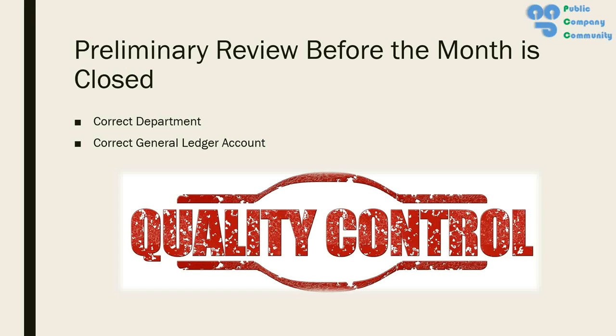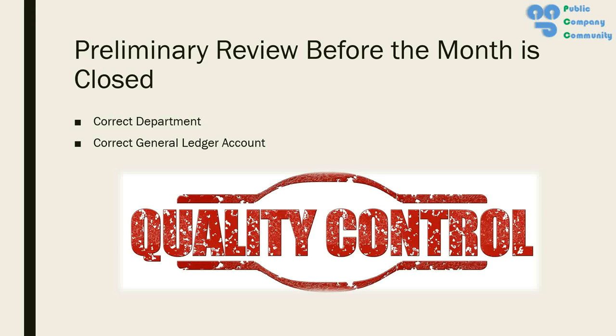Oftentimes they don't care as much which general ledger account it's posted to, as long as it's in the correct department, but it ends up being of great importance to you, the budgeting manager. You need to make sure that all the actual costs are posted to the same accounts that we budgeted them in. That's because when the actuals are posting to the wrong accounts, then your budget to actual work, which we'll get into, becomes difficult to impossible to perform.